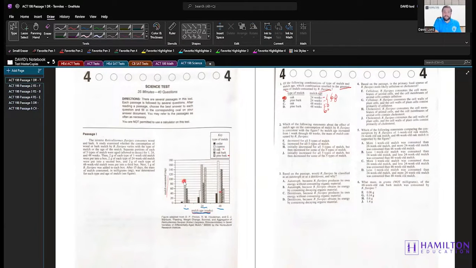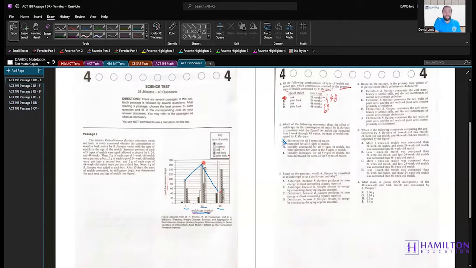Well, I can see that it clearly goes up from 1 to 24, so I know it's not F. It increased for all 5 types of mulch. Well, it did go up initially, but then it went down for the 48 week. So it's not G either. H, initially decreased for all 5 types of mulch, but then increased for some of the 5 types of mulch.